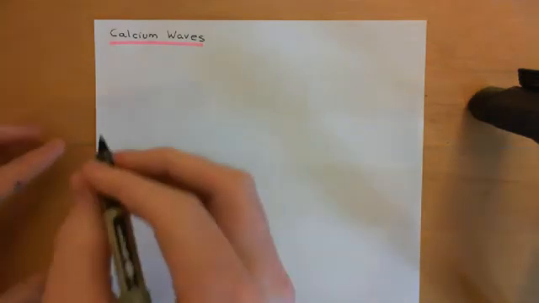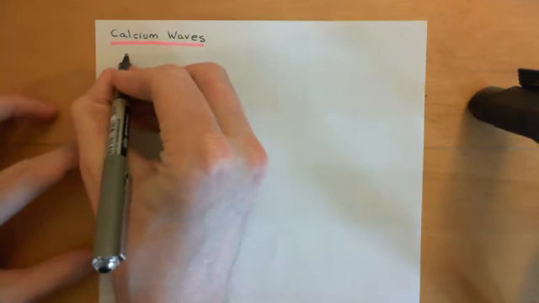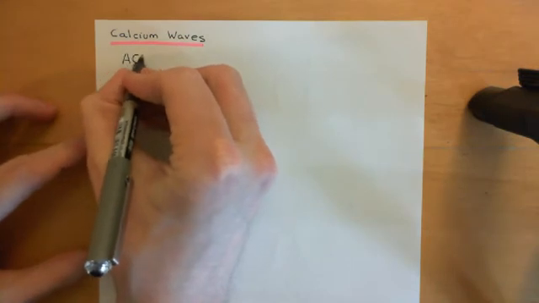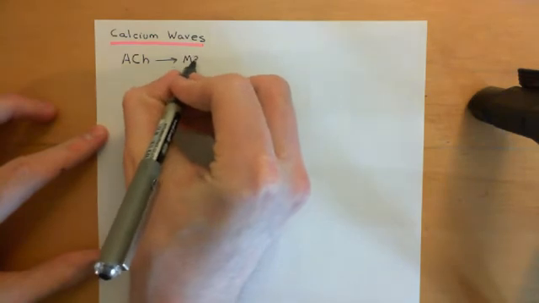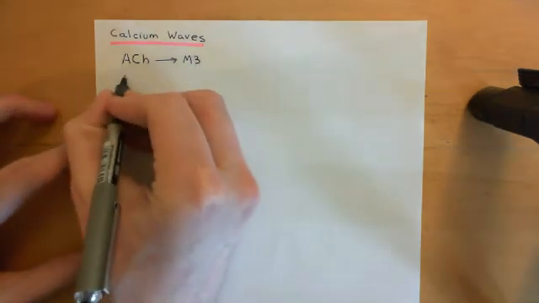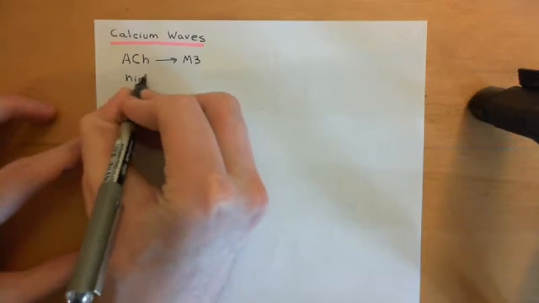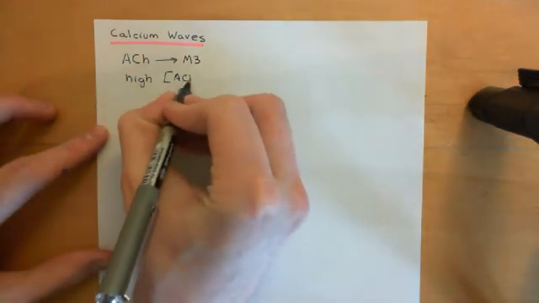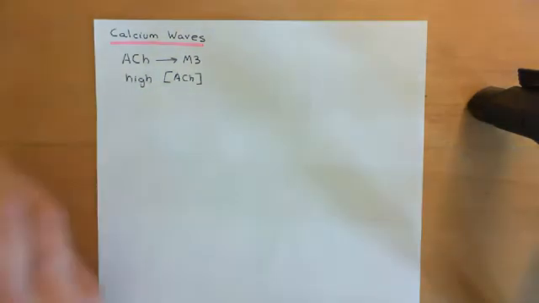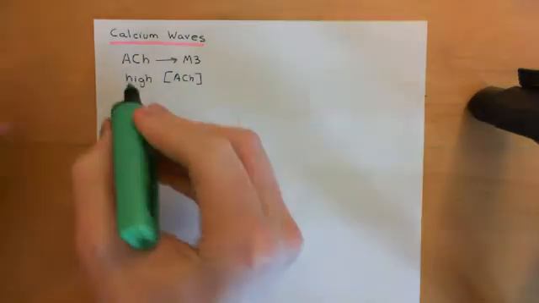We were imagining using acetylcholine and the M3 receptor as our example, so we'll stick with that. So to get calcium waves, we're going to have a high concentration of acetylcholine, whereas to get the calcium puffs, we need a low concentration of acetylcholine.